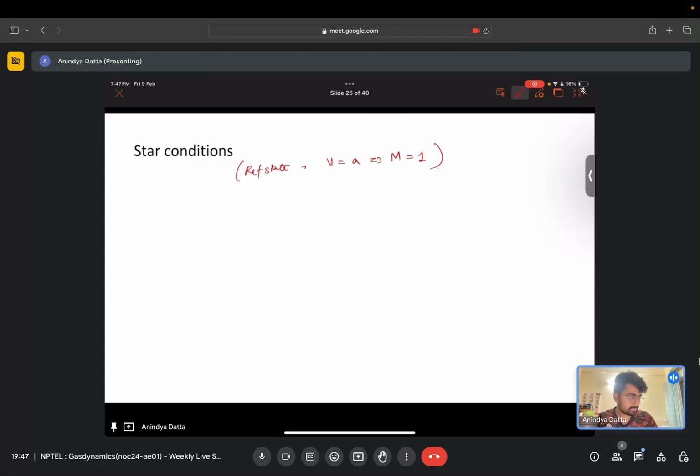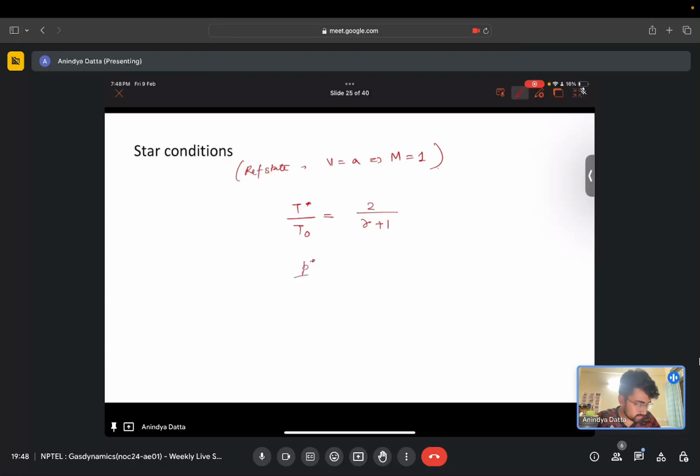So the major formulas in this case: we know the ratio between the stagnation and static properties. Now the major formulas are the ratios between the star, or critical, and the stagnation properties. So this is 2 by gamma plus 1.